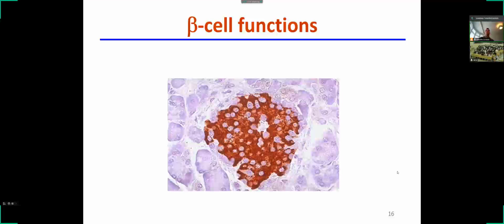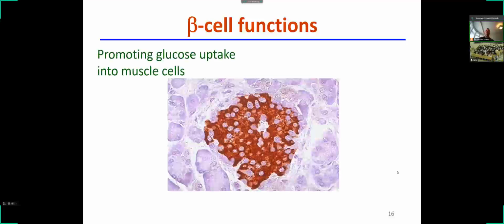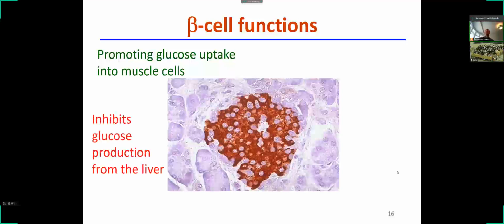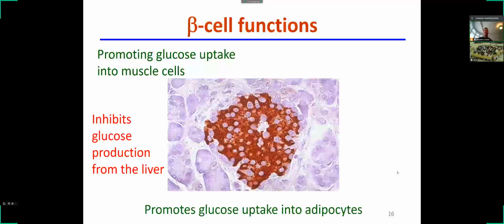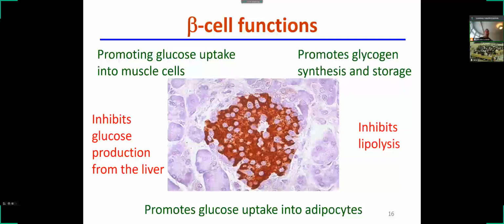Remember, when we had beta cells producing insulin, the whole point was that it promoted glucose uptake into muscle cells, which inhibits glucose production from the liver, which then promotes glucose uptake into the adipocytes, which then inhibits lipolysis. And finally, promoting glycogen synthesis and storage.